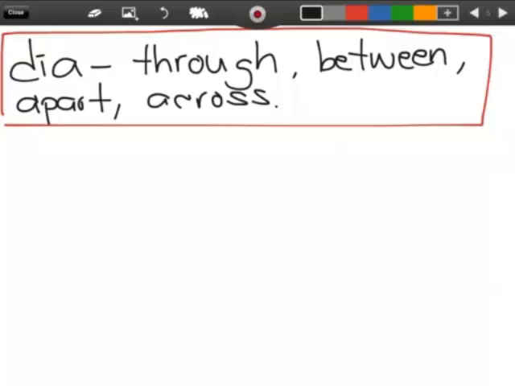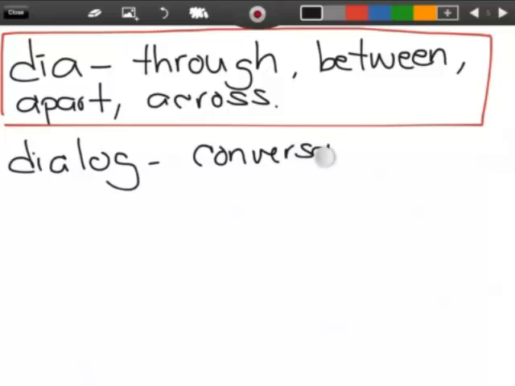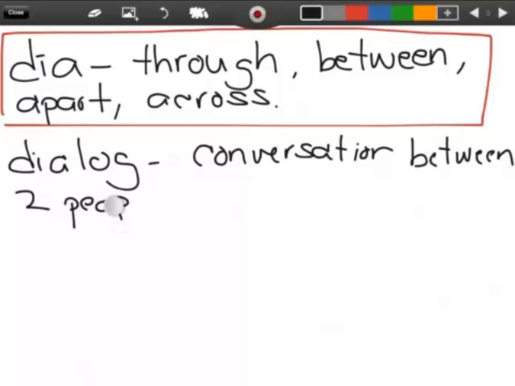I'm going to give you an example, and that's going to be dialogue, meaning conversation between two people. And I'm going to use that in a sentence.